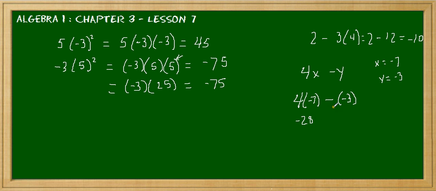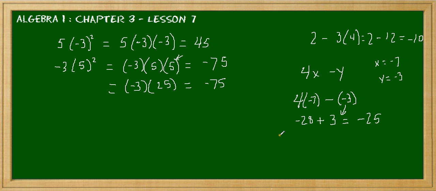Then we have to jump over and say, well, this is minus negative. We know we can turn that into plus by going with the opposite. The opposite of negative 3 is positive 3. So negative 28 plus 3 would be negative 25.